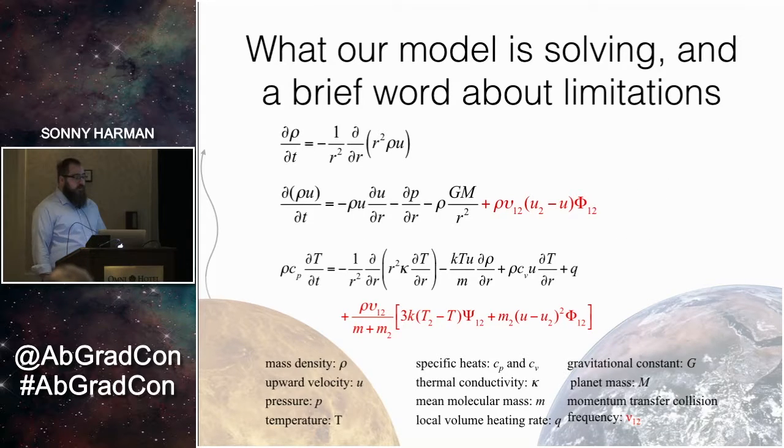So the model is solving these coupled equations for several components in the atmosphere. At this point, there's no chemistry, so the two components are basically what I tell them to be, either atomic hydrogen, molecular hydrogen, and then whatever heavy background gas. But the mass continuity, momentum continuity, and the energy equations couple these two components so that they exchange energy and velocity over time.